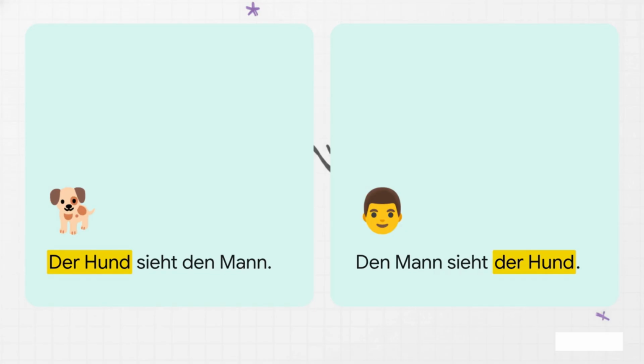In both of these sentences, the dog is the one doing the looking, and the man is the one being seen. It has absolutely zero to do with which word comes first. The real secret is in those little articles in front of the nouns, der and den. Those articles are basically wearing specific team uniforms that broadcast their job in the sentence loud and clear, no matter where they happen to stand.